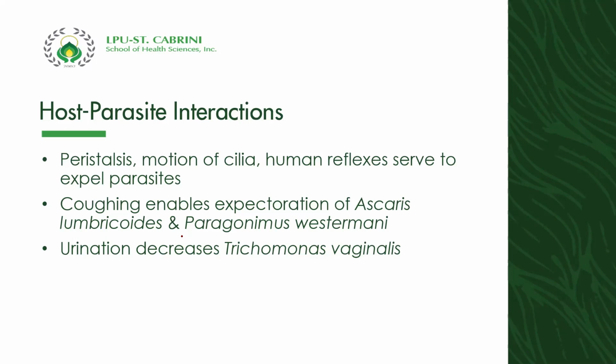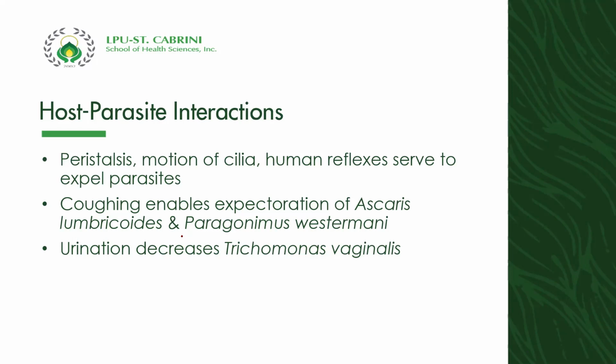If there is a male and female inside the human body, then there will be multiplication. But if you were able to eliminate the female, then even if there is a male Ascaris inside the body, they can be eliminated.